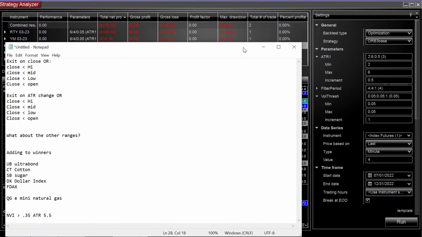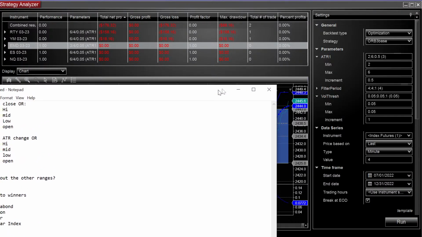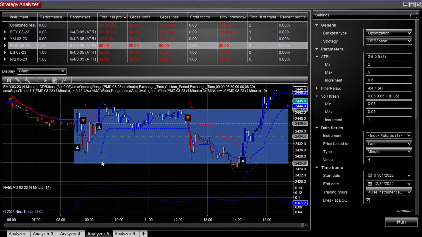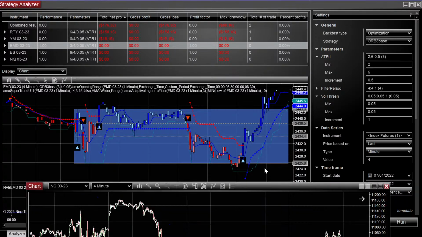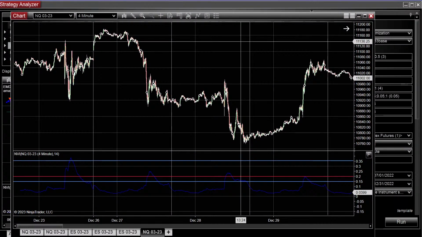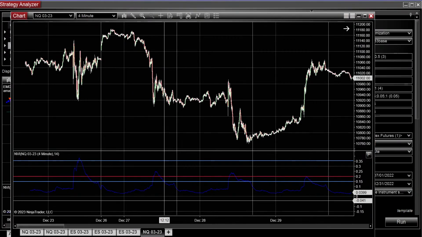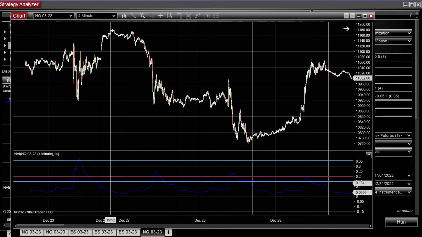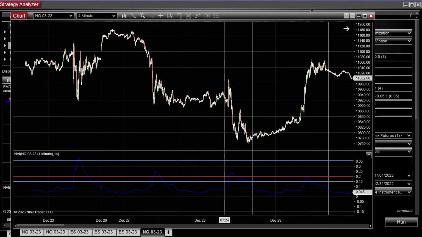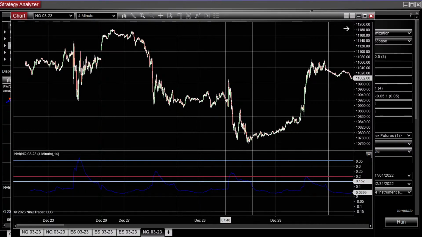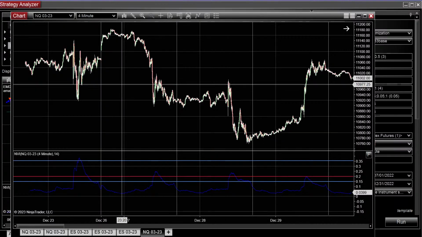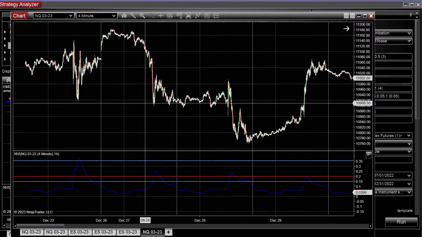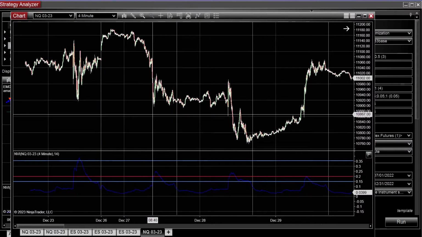And now that I think about it, since this is only going to take place during regular trading hours, we'll go ahead and increase our threshold to what might be normal, really low volatility during regular trading hours. So let's look right here at market open.